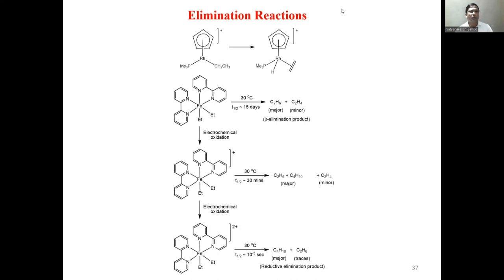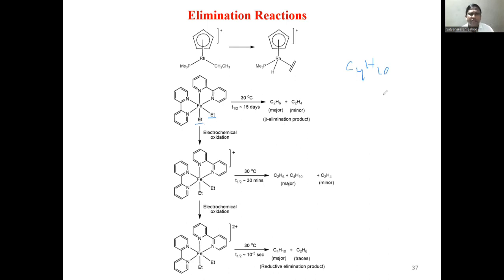Okay, and look at the product. What are the possible products? For example, if both the ethyl groups are eliminated, the product ethyl means this is C2H5. So if both the ethyls are gone, what are the products? Let me write. Let us say the first product is C4H10.